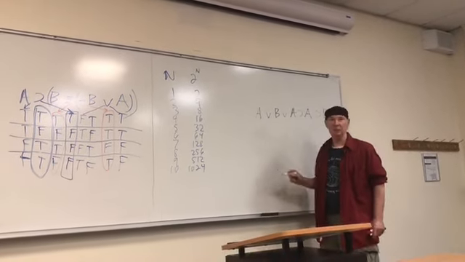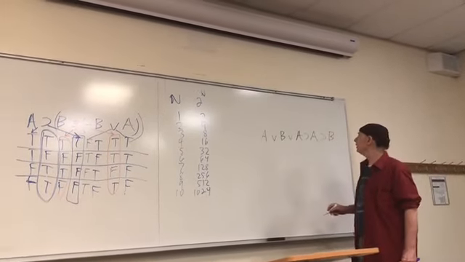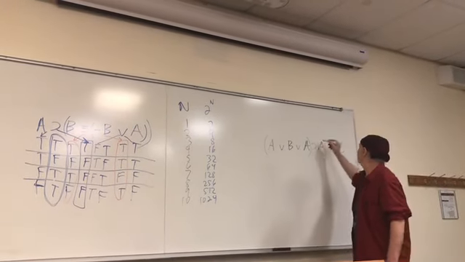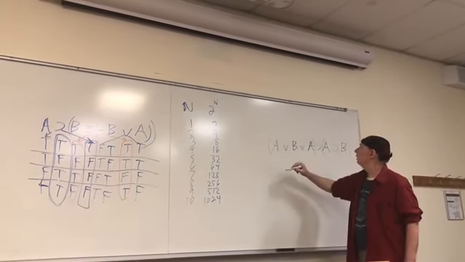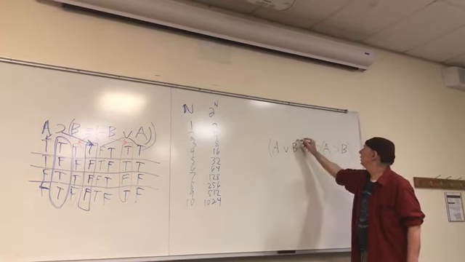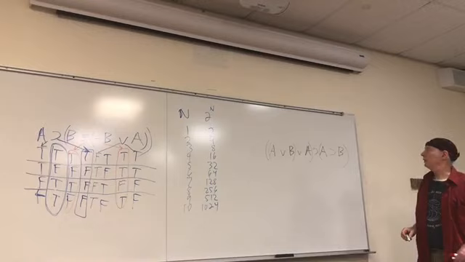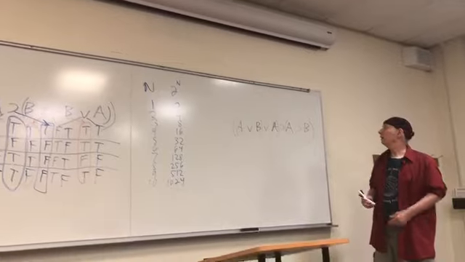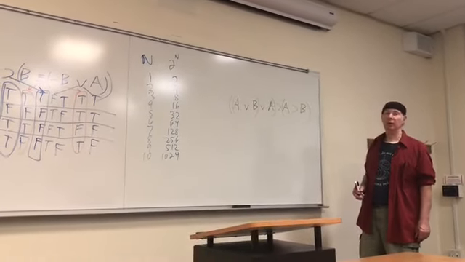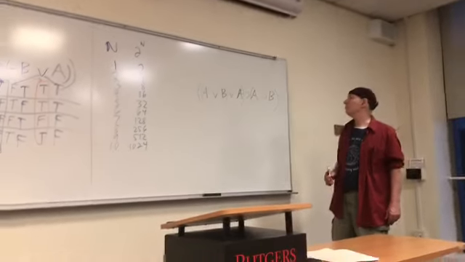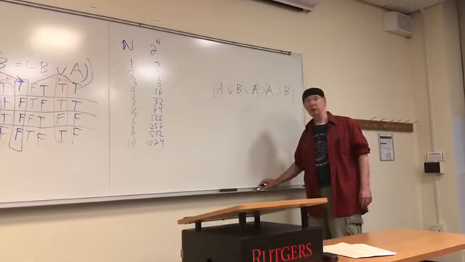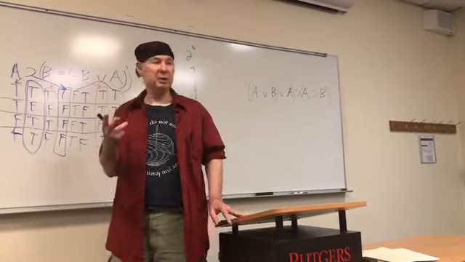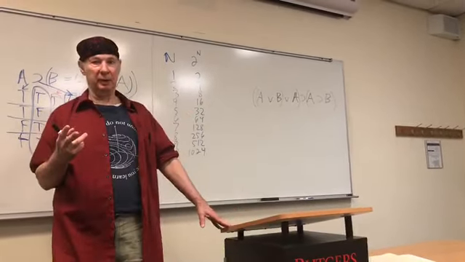Okay, now we're going to put some parentheses in. I'm just making these up. Okay, so we have A wedge B, wedge A horseshoe B. So the first thing we do is fill in, and so there are two atomic sentences, A and B, meaning four rows.